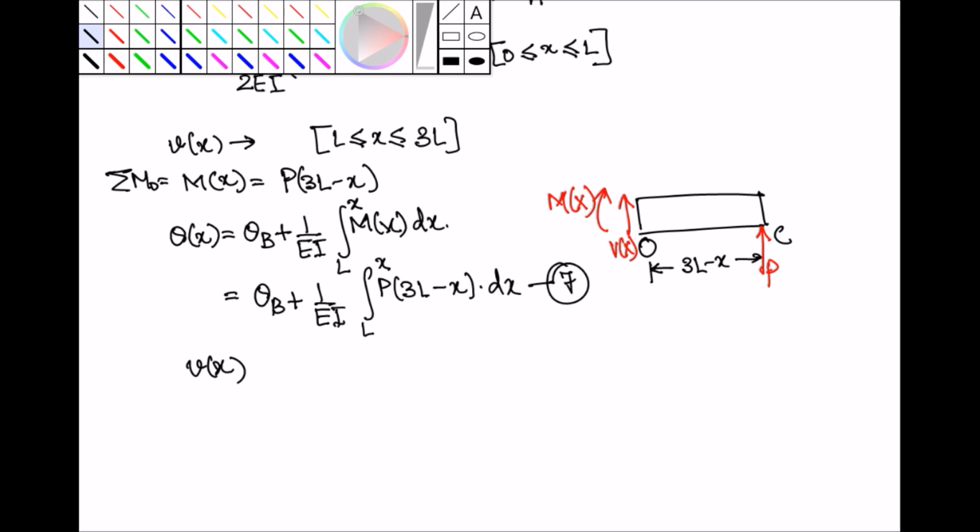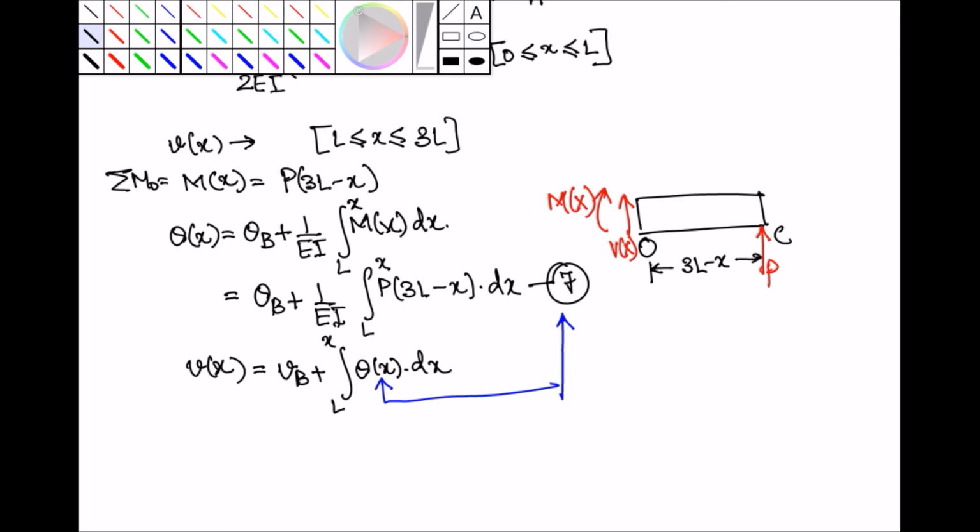So v of x is going to be equal to v_B plus the integral going from L to x of theta of x dx, where theta of x is the expression we have derived in equation 7.